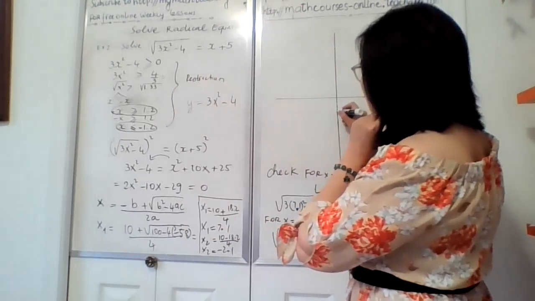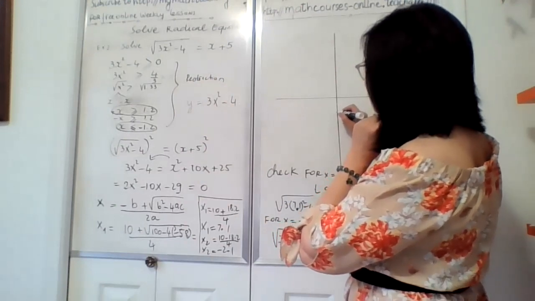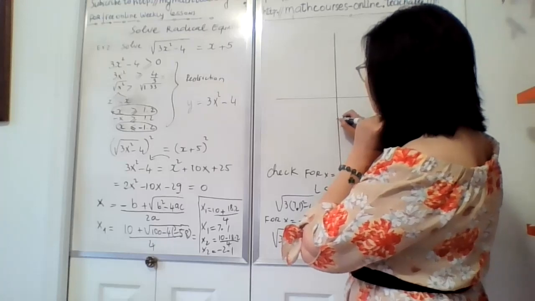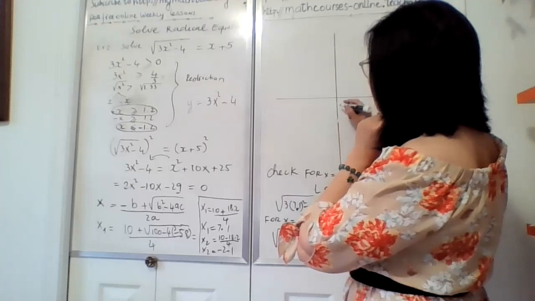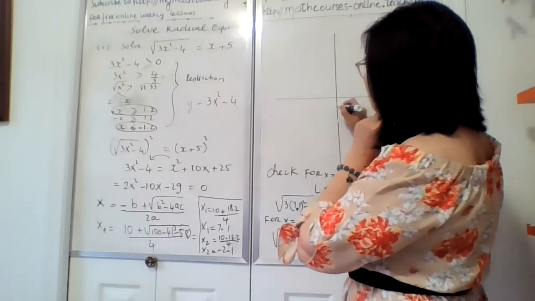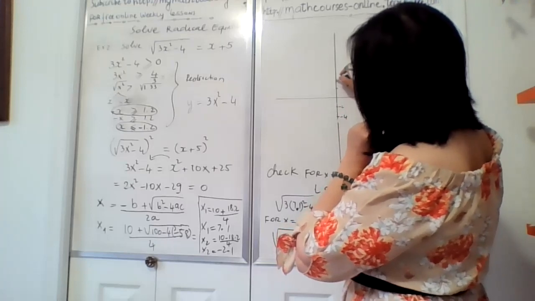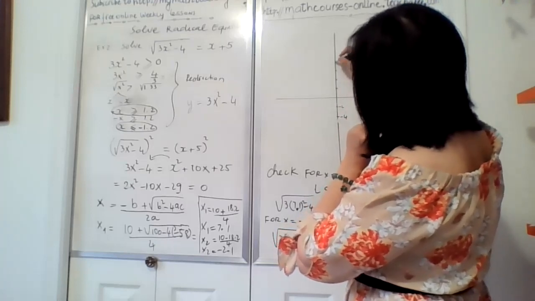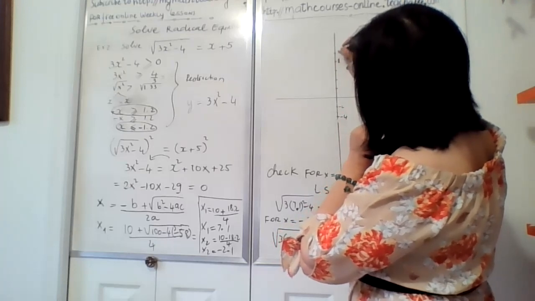So let's say this is minus 2, and this is minus 4. Then 2, 4, 6, 8, coming up here, 10.